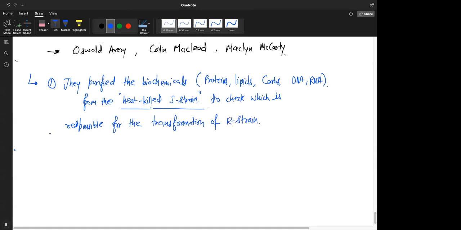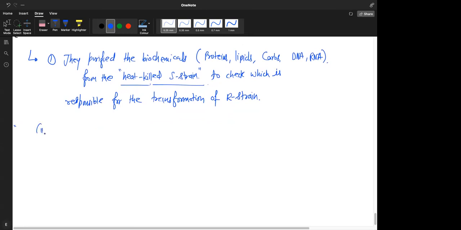So the next step they have to do is to culture or make a cocktail of the R strain with that component, with the protein purified from the S strain, lipids or carbs or DNA or RNA.